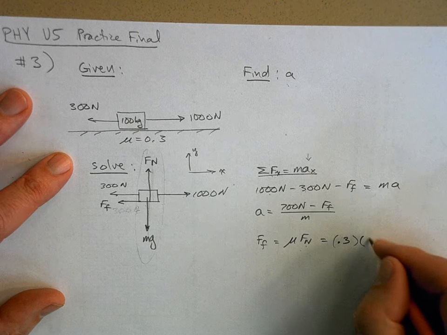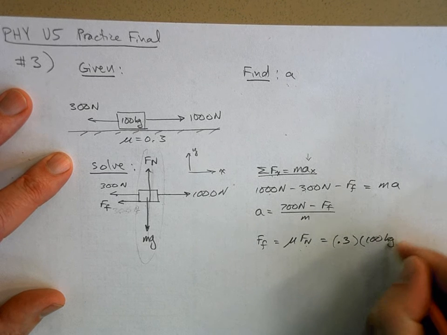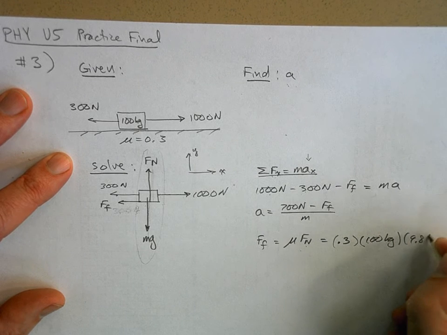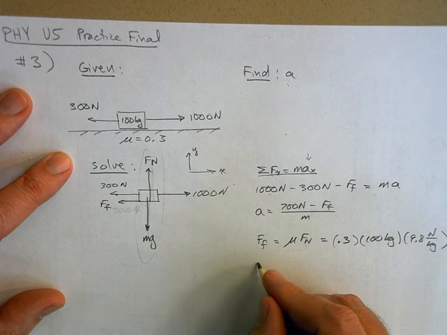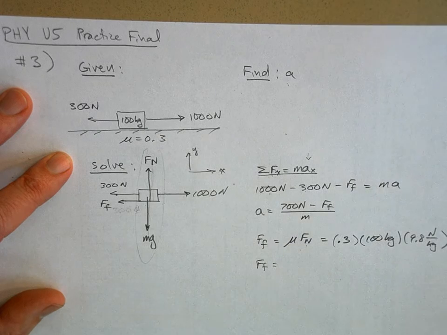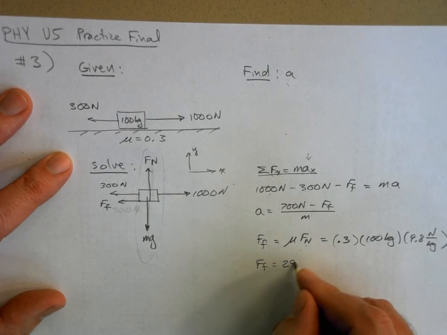And m is 100 kilograms and g is 9.8 newtons per kilogram. So the force of friction is equal to 0.3 times 100 times 9.8, and you get 294 newtons.